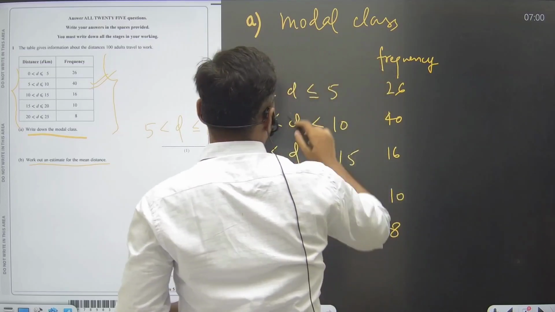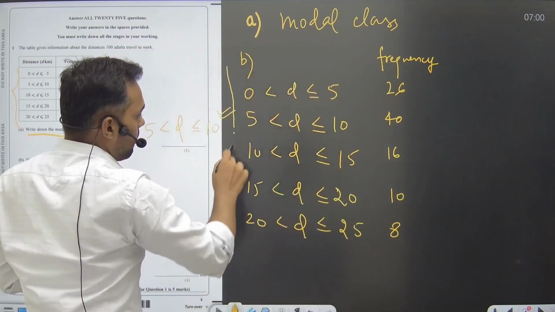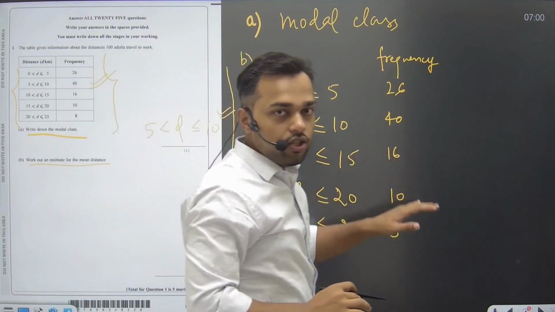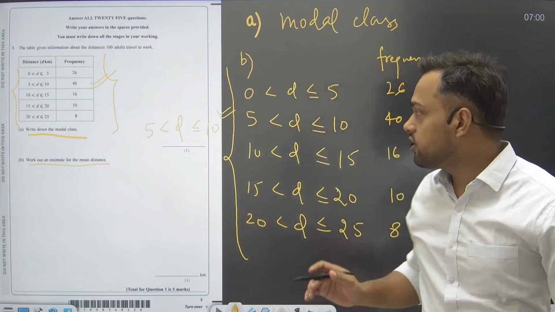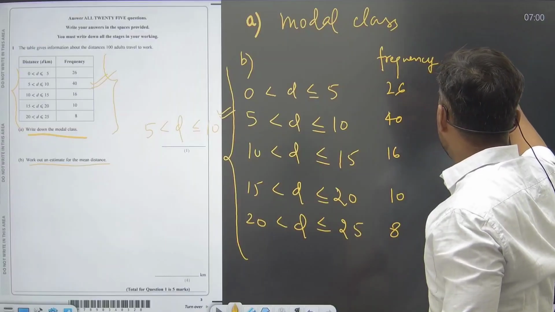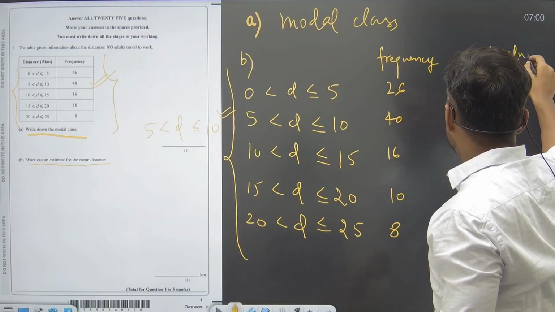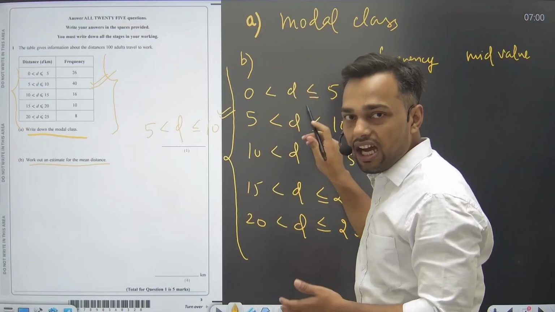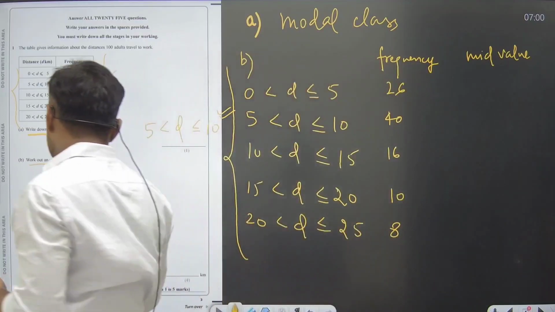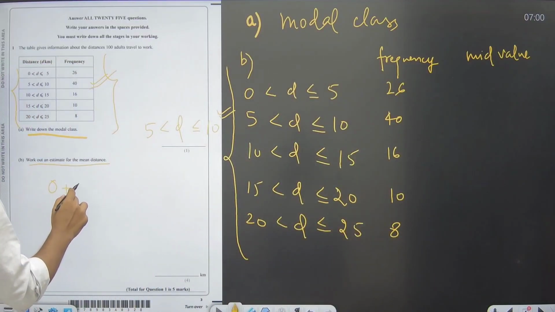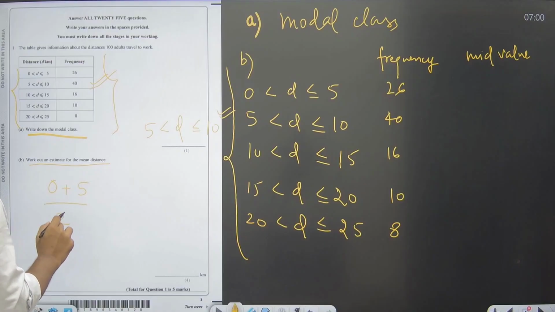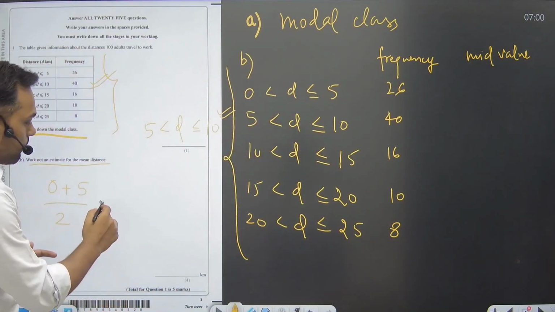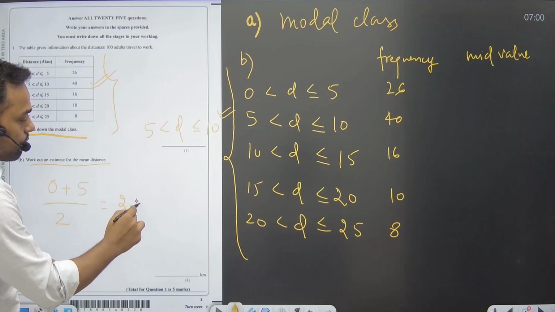This is in range form, so we need to find the mid value of each range. I'll do the first part for you, how I'm calculating it. This is how we calculate, student: 0 plus 5 divided by 2, the average value of that range, which equals 2.5.